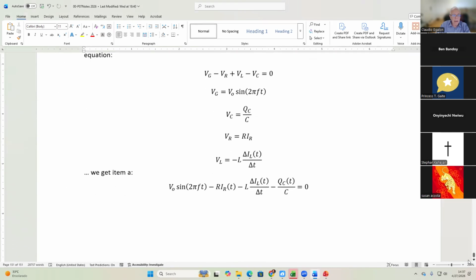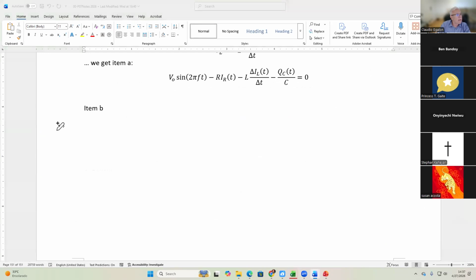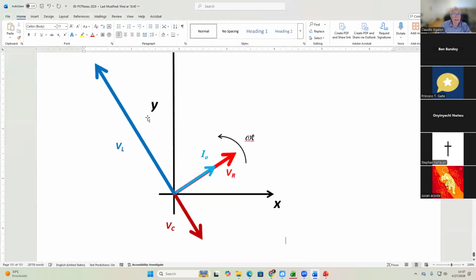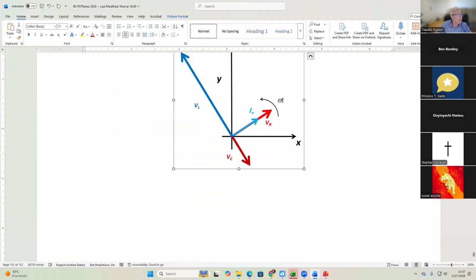Let's do it here. Item B. Item B, I gotta copy and paste, and then I'll write the item C soon. Item A. That's item B. The first diagram.